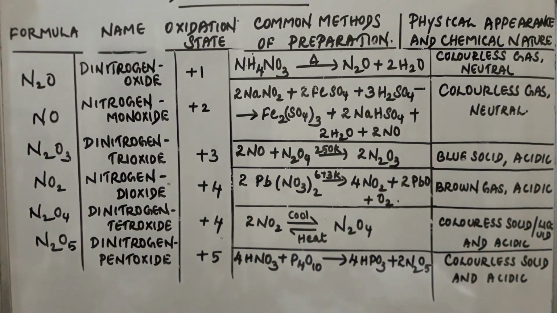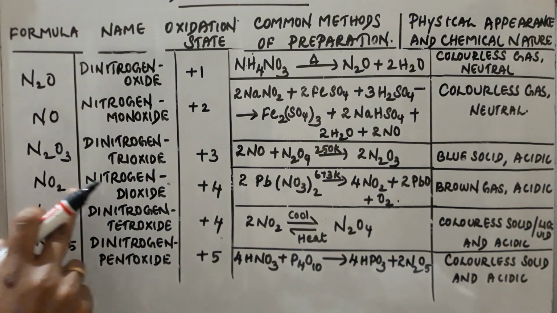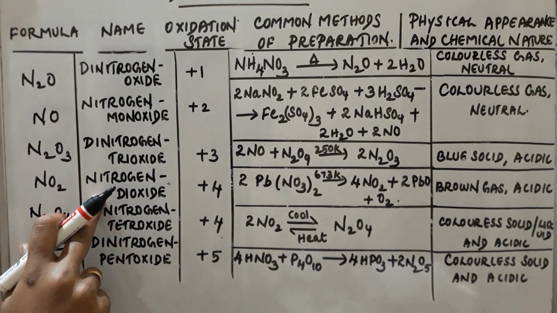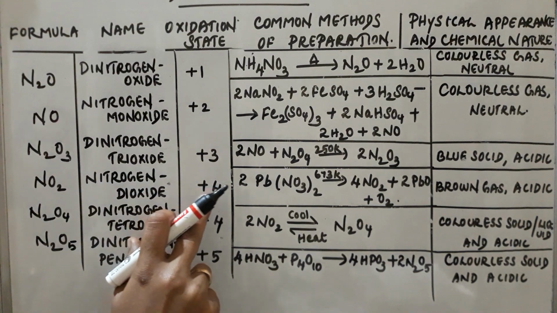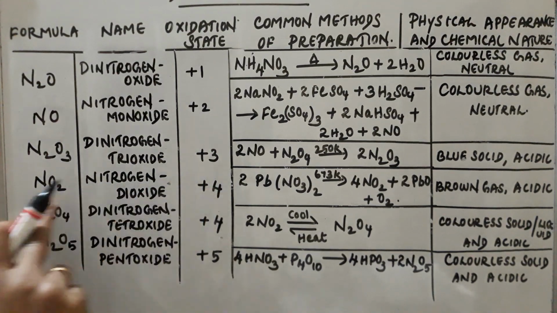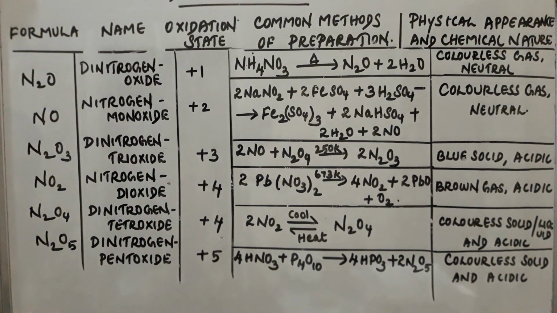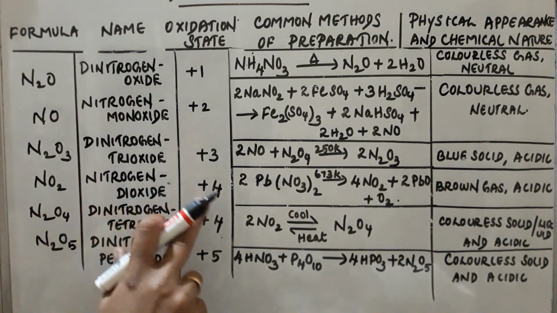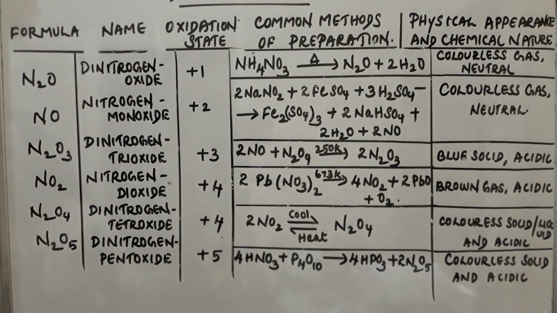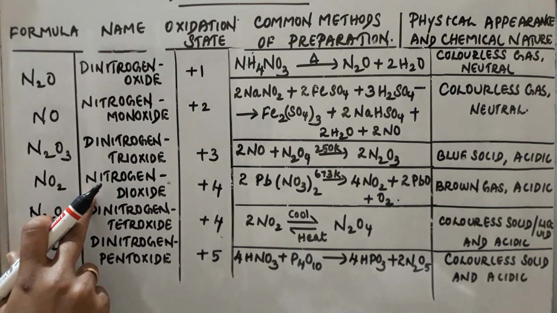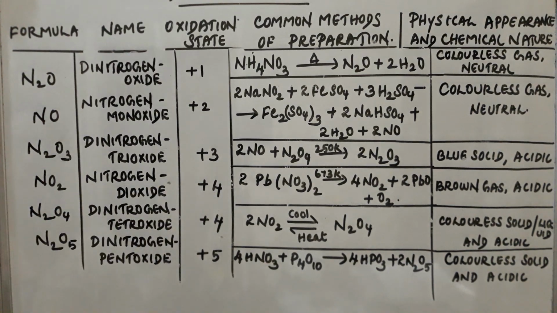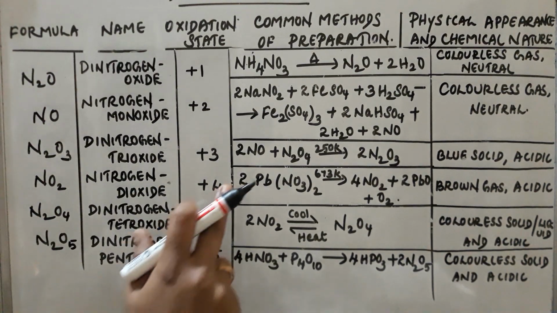Next is NO2, nitrogen dioxide. The oxidation state is +4, or we can write nitrogen 4 oxide. How can we prepare this?